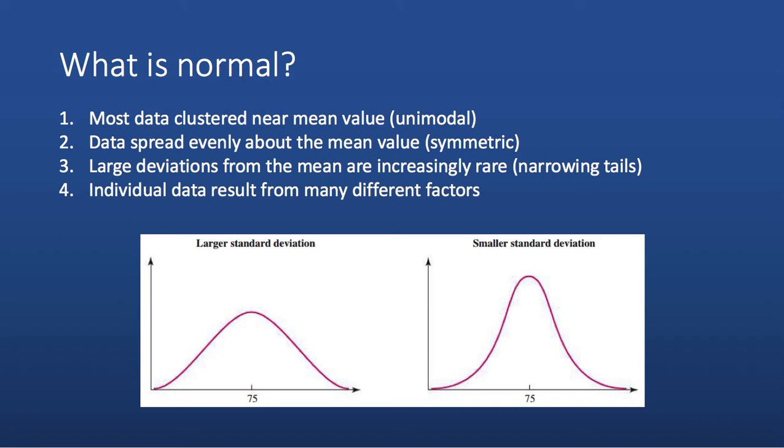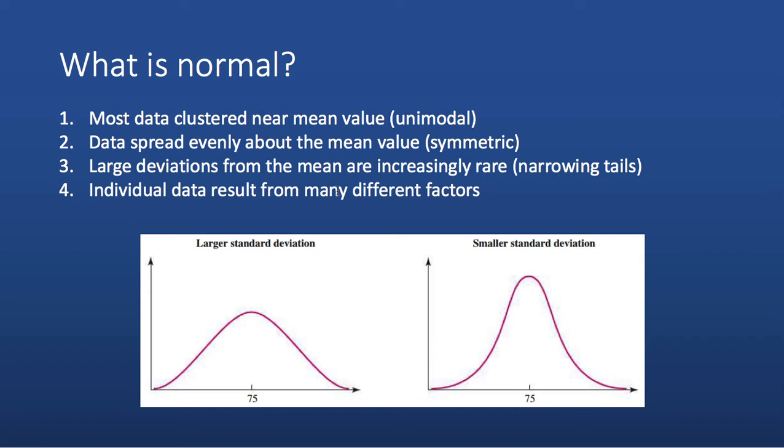Large deviations are increasingly rare, so it sort of fades away to either side, right? So you peak in the middle and then it gets smaller and smaller as you go away. And then individual data result from many different factors. So what causes a normal distribution is any quantity that comes about by many different things that could influence it.